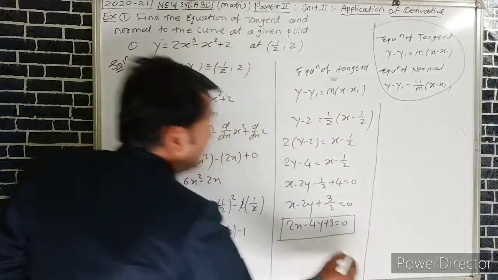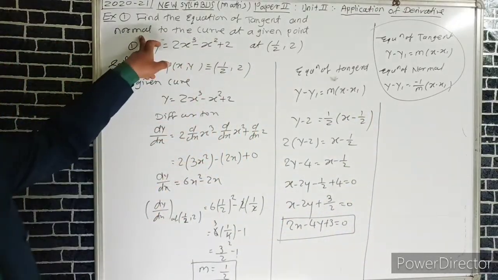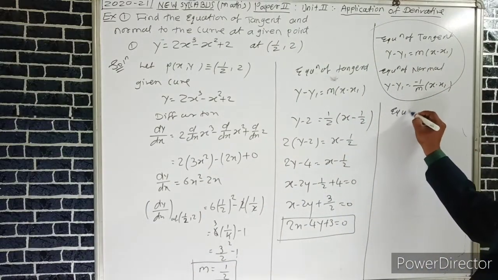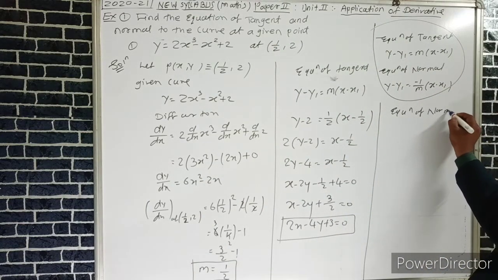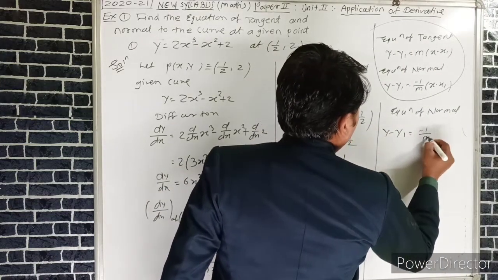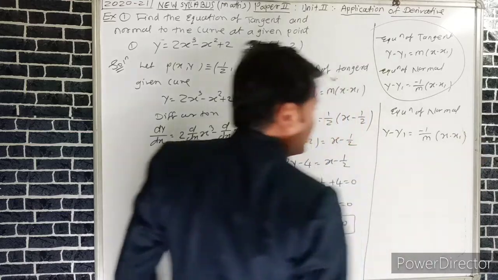After that, again we have to find the equation of normal. We know that the equation of normal is y minus y1 is equals to minus 1 upon m into (x minus x1).